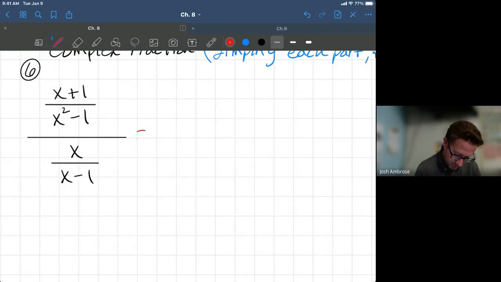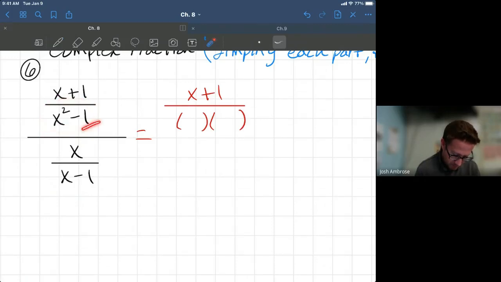So let's do it. So x plus 1 is going to be over, perfect square binomial. That's what this is. Perfect square x squared, perfect square 1, and it's subtraction. (x + 1)(x - 1).